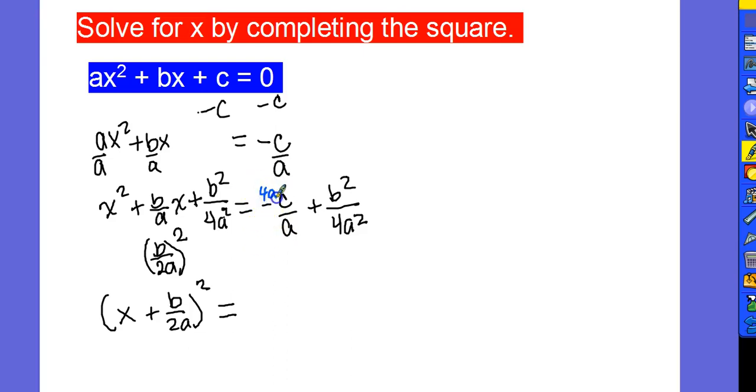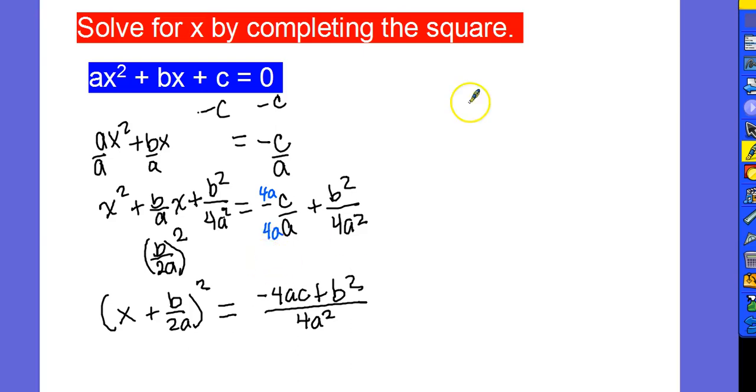So I'm going to multiply numerator and denominator by 4a so that I get negative 4ac plus b squared, both over 4a squared. Now notice I didn't add those numerators because they're not like terms, so I can't actually add them. But I can make them have the same denominator.